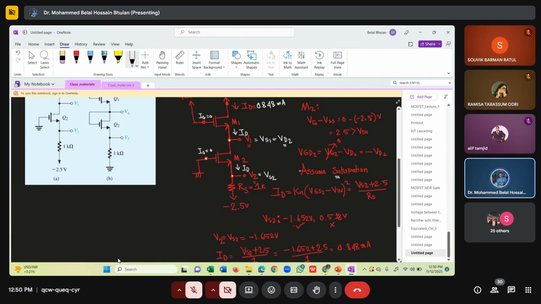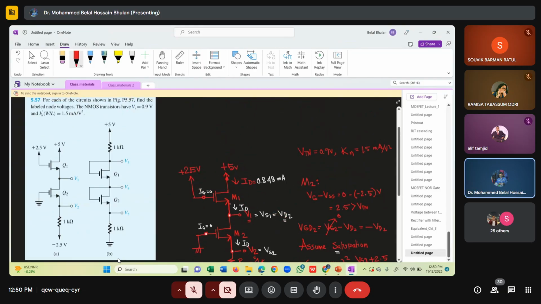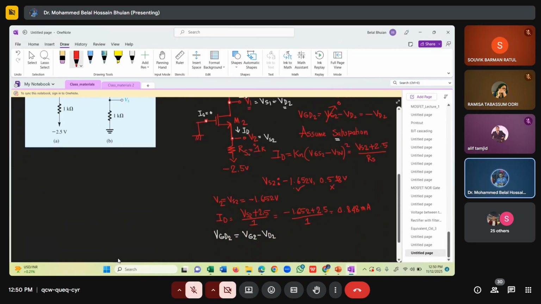How can you determine this? If you look at MOSFET 1, the gate is connected to 2.5 volt and the drain is straight away connected to 5 volt. Then there is a current flowing, which is 0.848 milliampere. Since a current is flowing, channel must be induced.